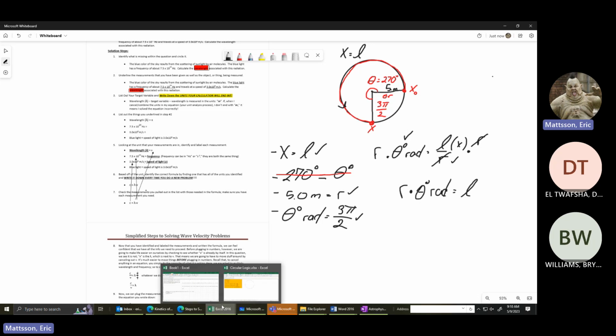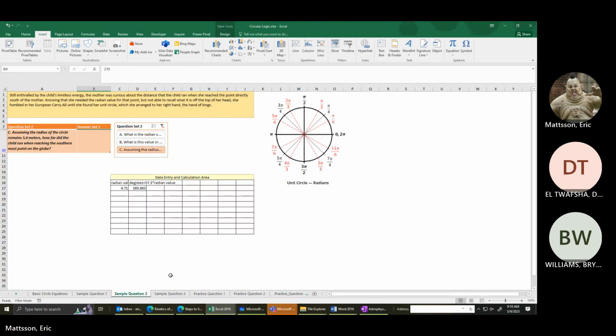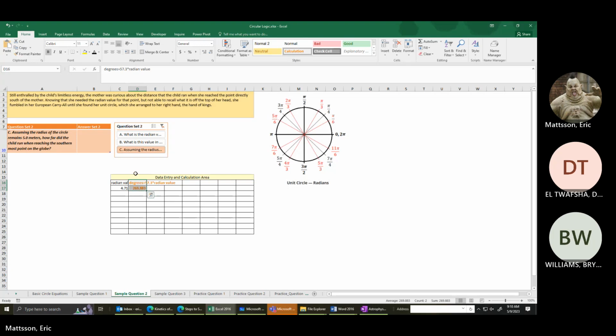So this is what I'm going to put into Excel. So I'm going to come here and do my inputting. I'll list out the order, doesn't matter which order you list them in, but I have a radian angle.